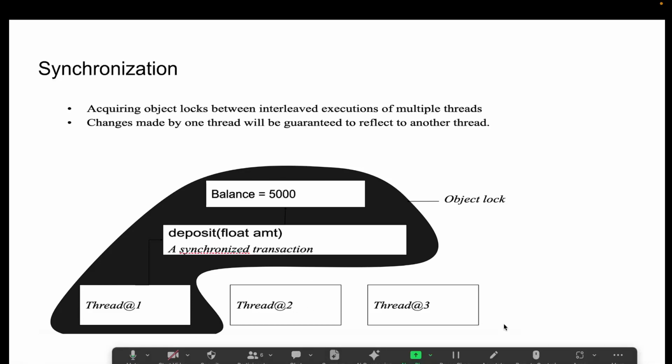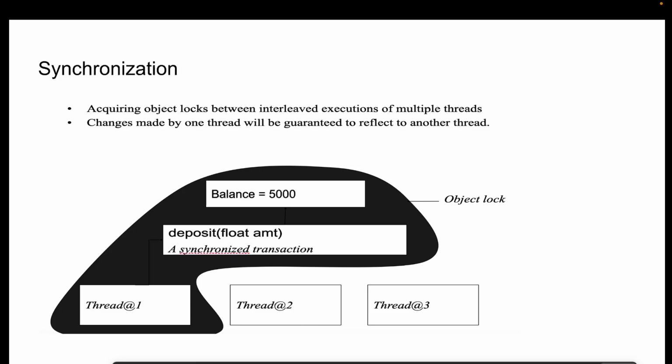There are three threads, and all three threads are trying to deposit some amount in the bank account. Let's say all three threads have hit the deposit button. So what happens in that case? Since thread 1 has the object lock, first thread 1's deposit API will be completed, and once the balance is updated, then thread 2's API will work.